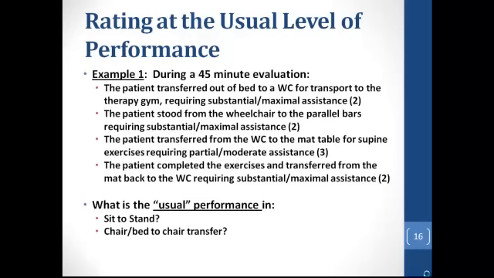After the patient completed the exercises and transferred from the mat back to the wheelchair, he or she required again substantial maximal assistance. So using the information you've been given, take a few moments and determine what you would rate as the patient's usual performance for sit-to-stand and chair-to-bed-to-chair transfers.